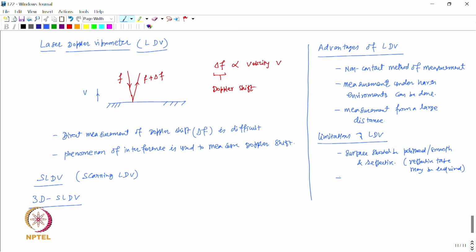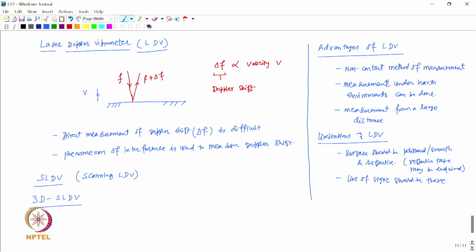Another requirement is that there should be a line of sight. The point must be visible, because only then can the beam reach there.